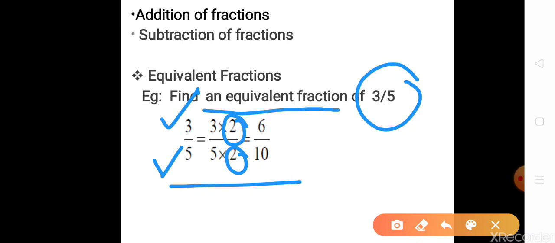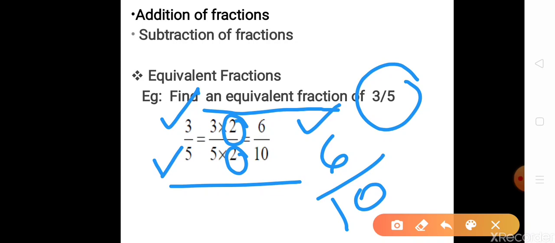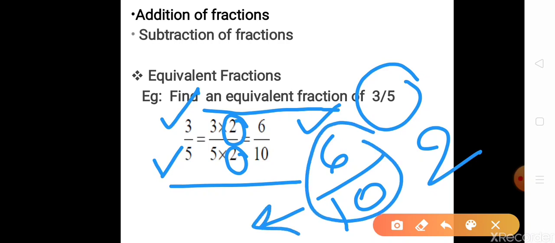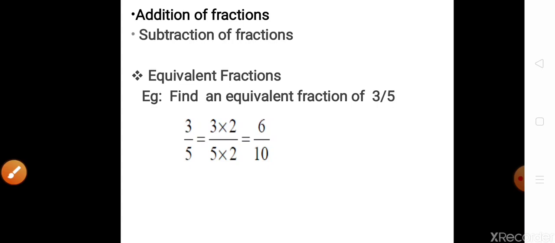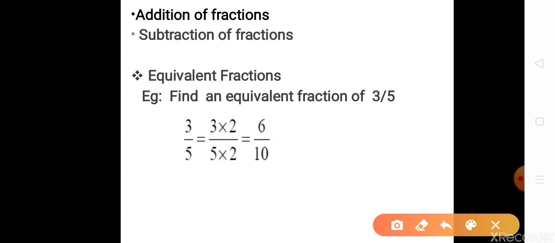And when we have multiplied, the fraction we are getting is 6 by 10. And if you want to verify it, you simply divide 6 by 10 by their common factor, that is the number which can divide both of them, which is going to be 2. And ultimately, this whole fraction will get reduced to your fraction 3 by 5, which indicates the same value. And hence, 3 by 5 and 6 by 10 are equivalent fractions.